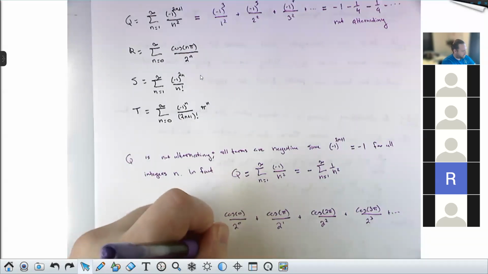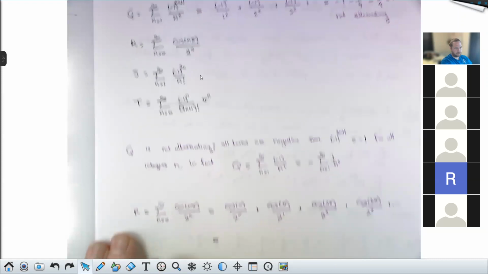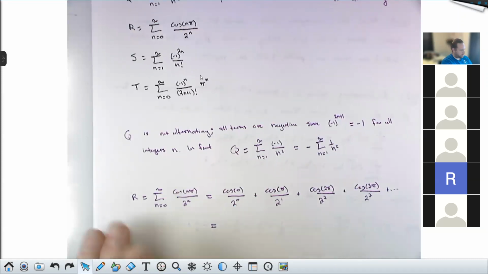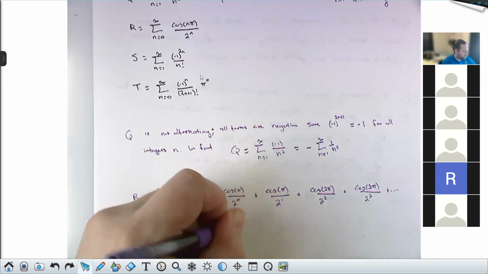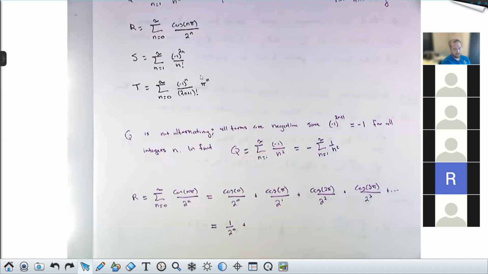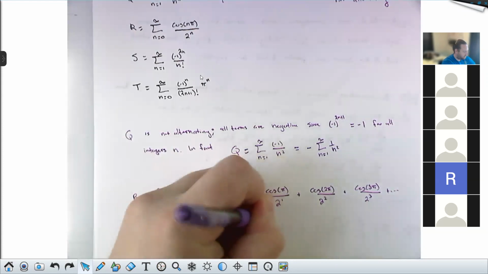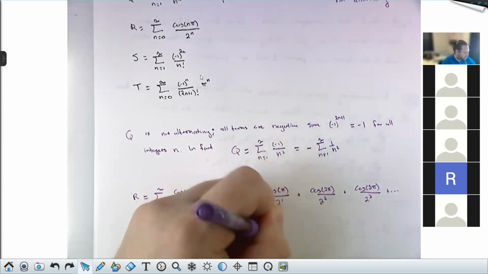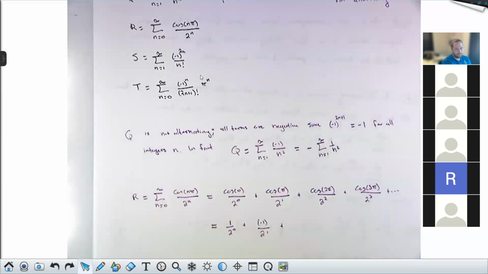What is the cosine of 0? 1. Good, this is 1. So this is 1 over 2 to the 0 plus. What is the cosine of pi? Yeah, the cosine of pi is -1. Thank you, Coburn. So this is plus -1 over 2 to the 1 plus. What's the cosine of 2 pi? +1.